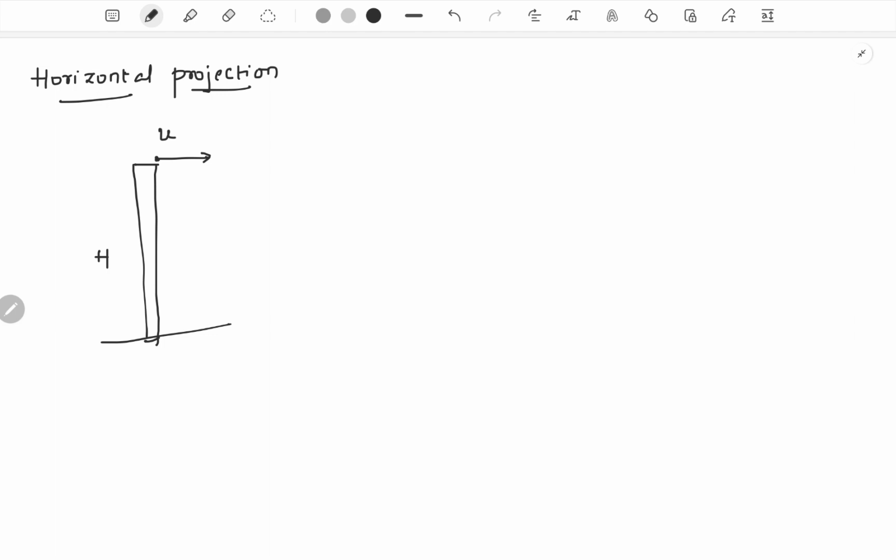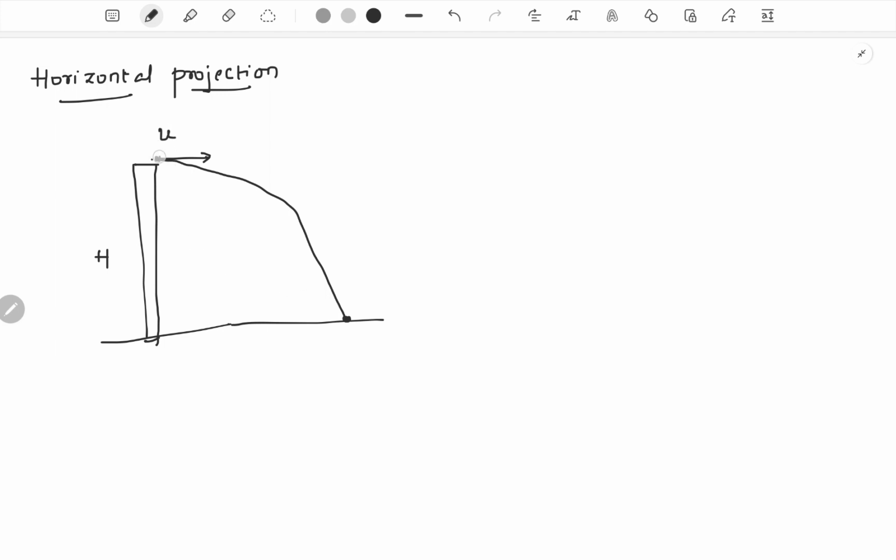We have given it some velocity. Let's say that velocity magnitude is given by u, and that velocity direction initially was parallel to the ground or horizontal. So basically here also we can prove it follows a parabolic path. Now our interest is to find a few things, okay, time taken to reach the ground and all those things.